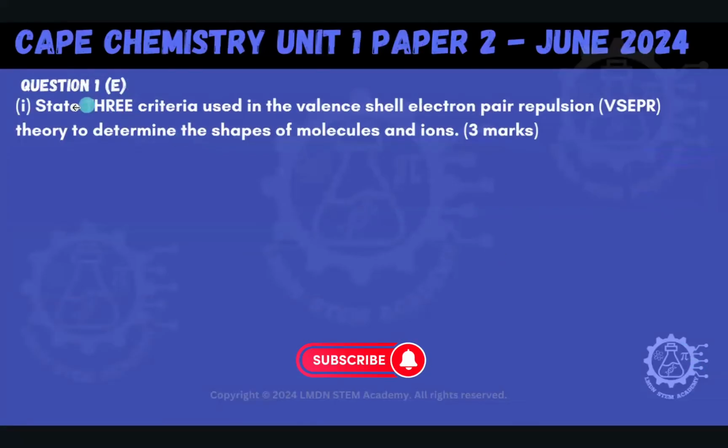So 1E says state 3 criteria used in the valence shell electron pair repulsion theory, so VSEPR theory, to determine the shapes of molecules and ions, okay? So we're gonna have to really get into the fundamentals, the basis of VSEPR theory to say how we're gonna use it to figure out the shapes of molecules, right?